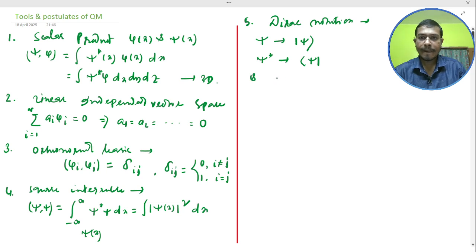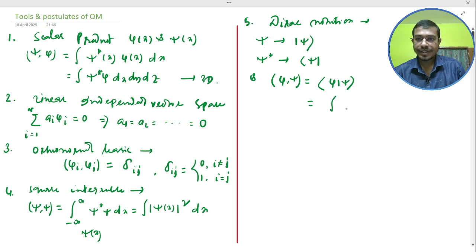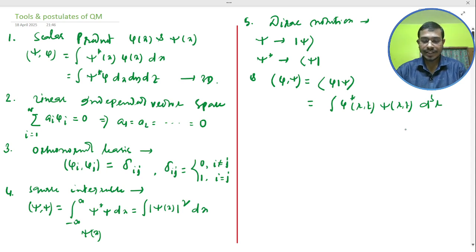And <phi|psi> is called the inner product, written in the form integral of phi star(r,t) psi(r,t) d3r. This is basically the volume integral, dV equals dx dy dz.